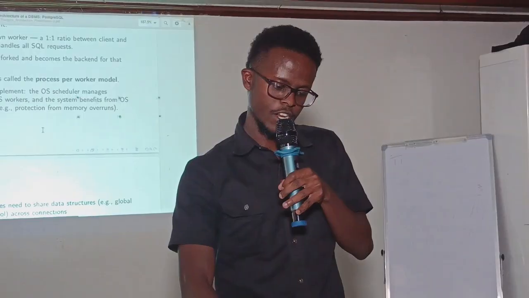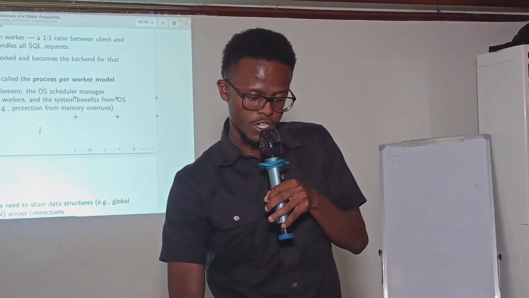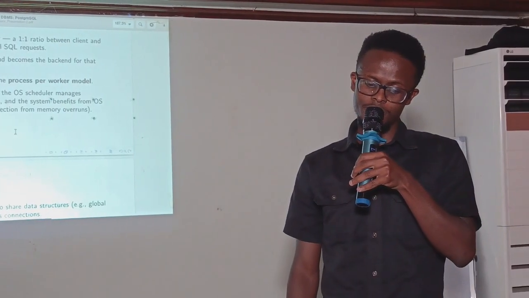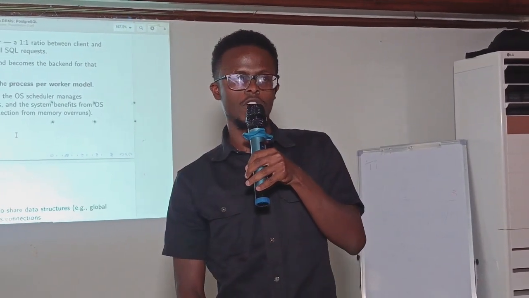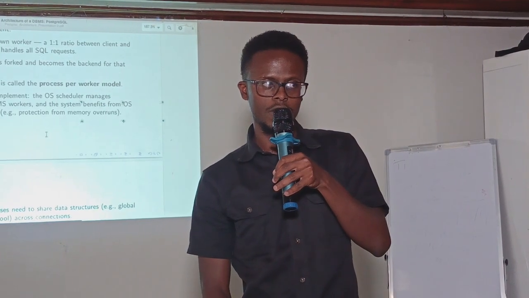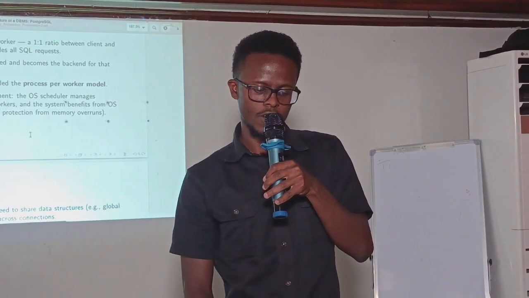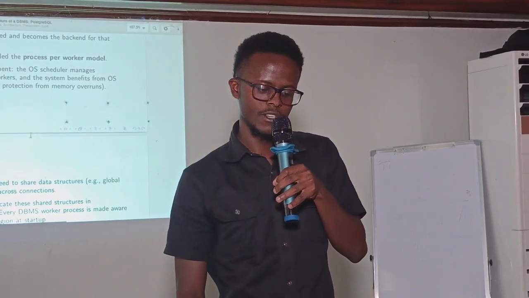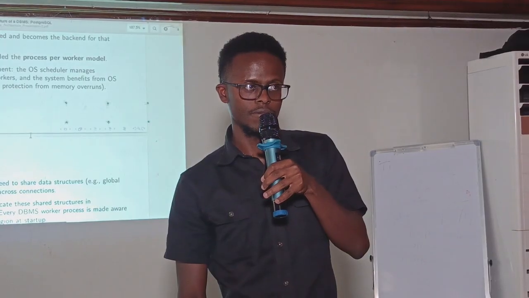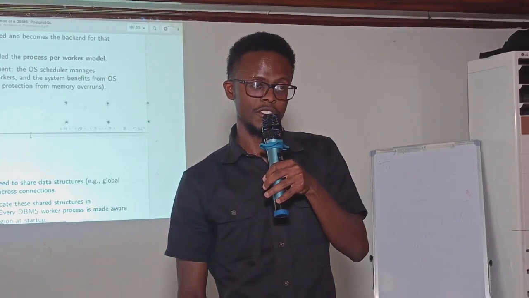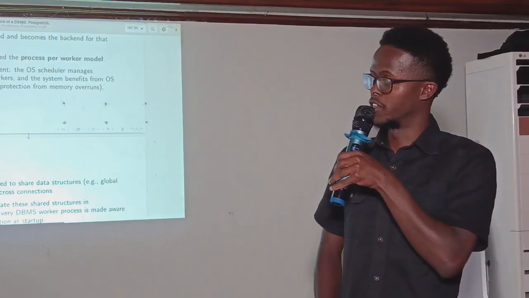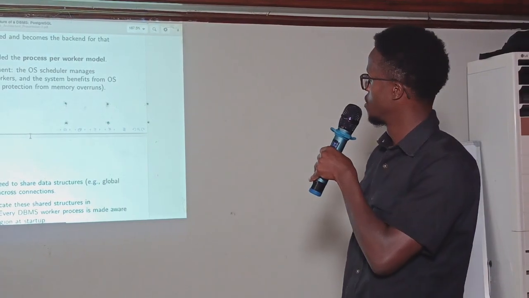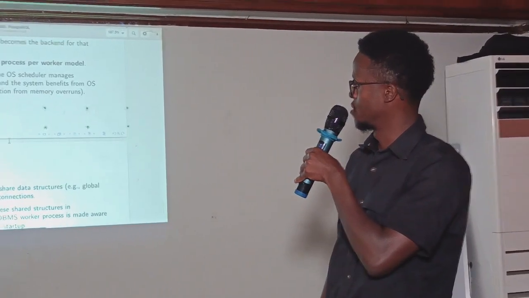When this happens, a new OS process is forked and becomes the backend for that connection. This process model is called the process per worker model. Basically, each worker is assigned a process. This model is relatively easy to implement because the OS scheduler manages time sharing of the DBMS workers, and the system benefits from OS protection facilities.